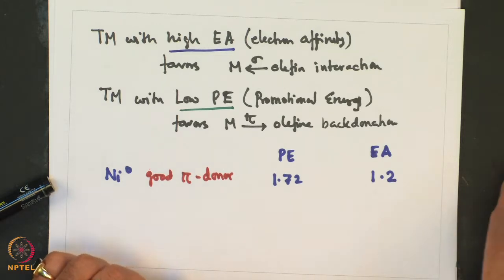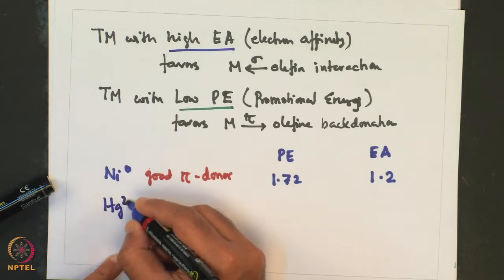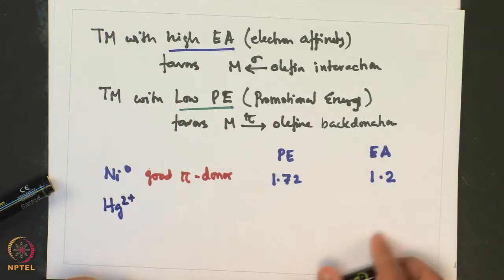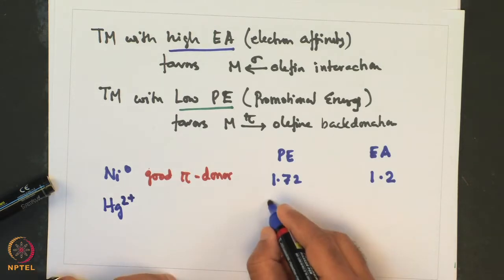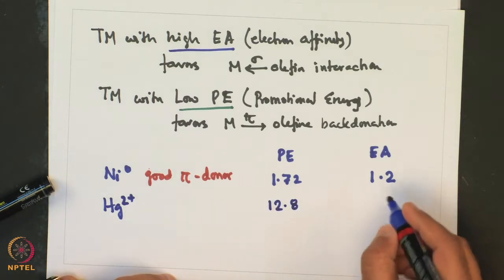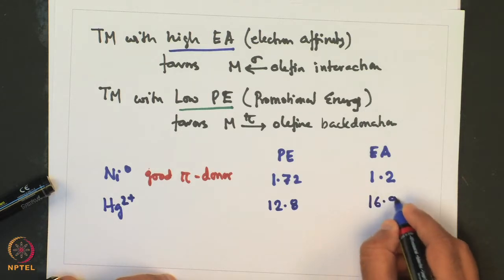For example, let us now move to mercury, Hg2+. The corresponding promotional energy value is now 12.8 and the electron affinity value is 16.9.